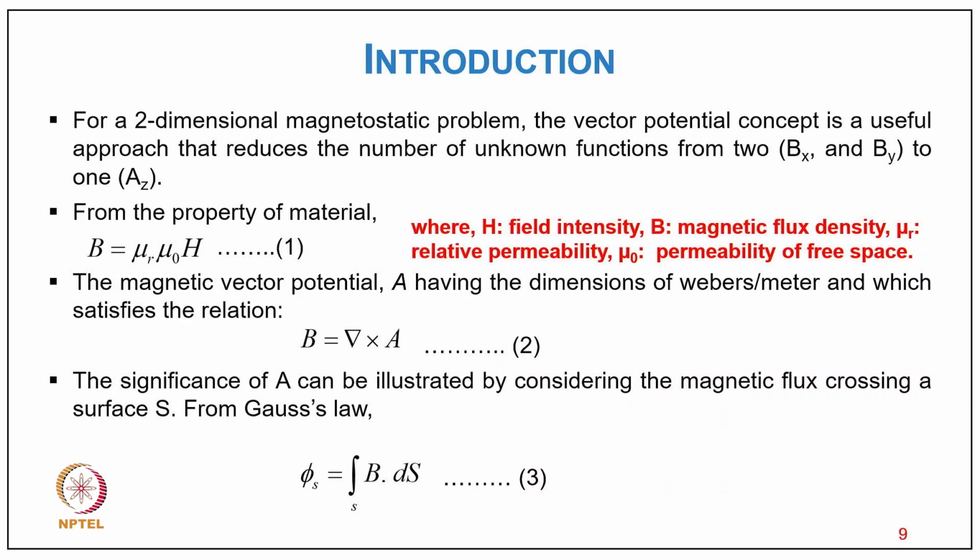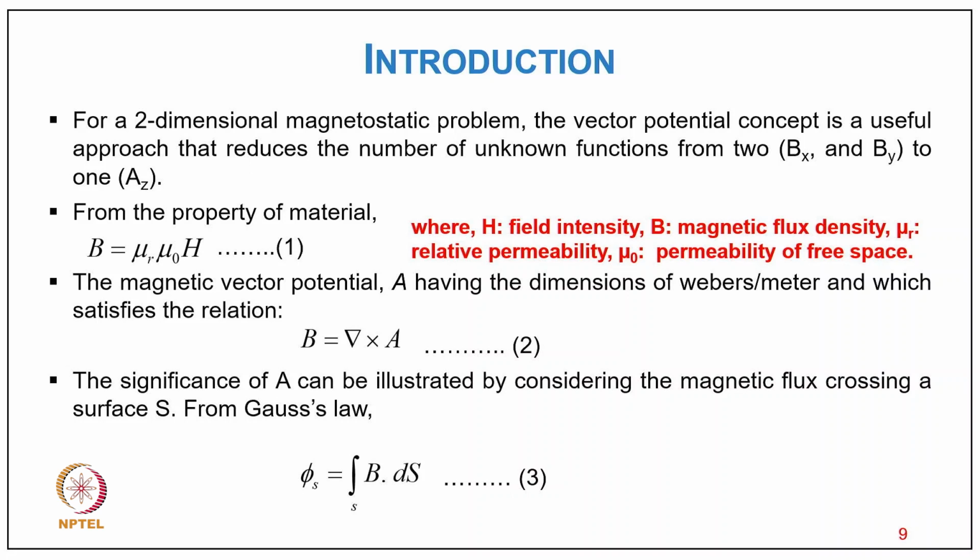For a two-dimensional magnetostatic problem, the vector potential concept is a useful approach that reduces the number of unknown functions from two, Bx and By, to one, Az. From the property of the material we can say B equal to mu r mu 0 H, where H is the field intensity, B is the magnetic flux density, mu r is the relative permeability, and mu 0 is the permeability of free space.